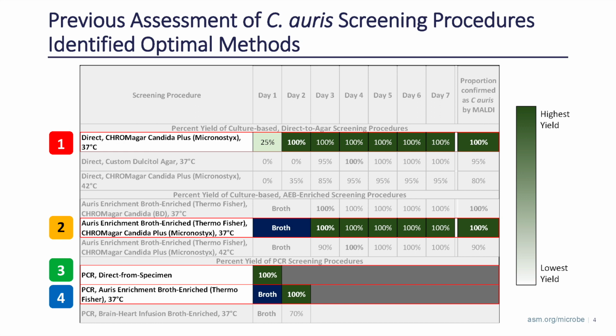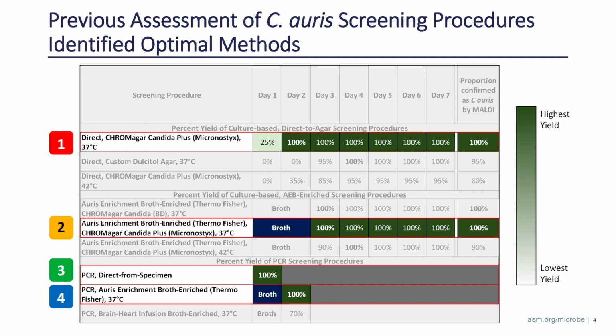So previously, our group assessed various culture-based and PCR screening procedures to determine the optimal procedures based on their ability to detect C. auris. We assessed 3 culture-based direct-to-agar methods in which specimens were directly plated onto either a selective custom dulcitol agar or onto the novel CHROMagar Candida Plus medium, which is a differential chromogenic agar that contains C. auris specific chromogens.